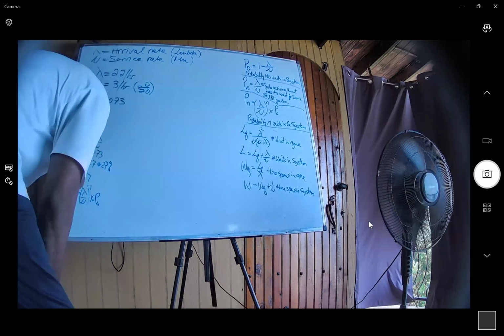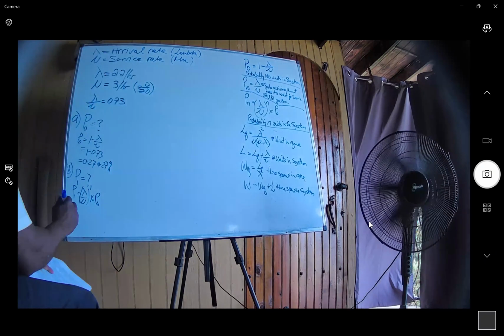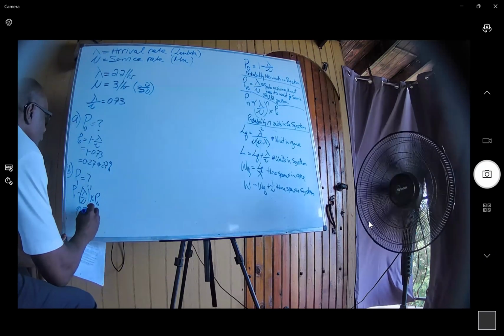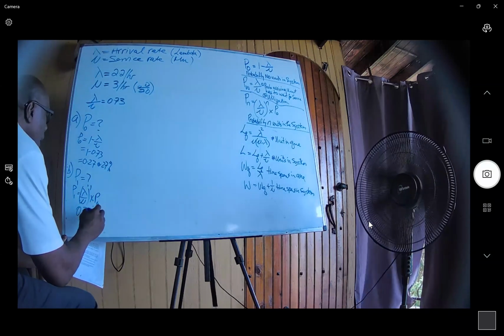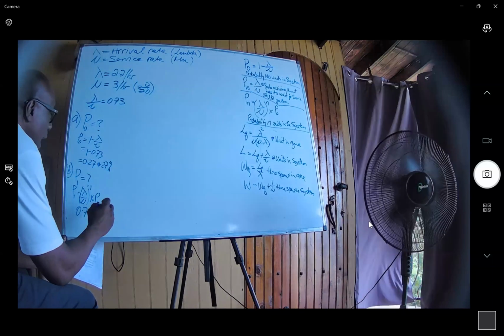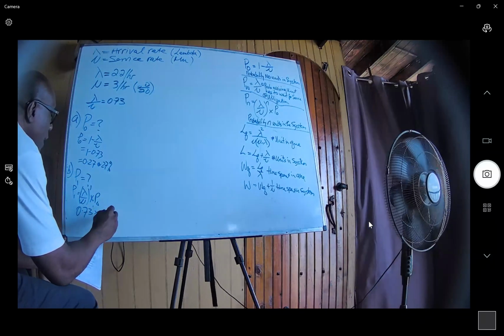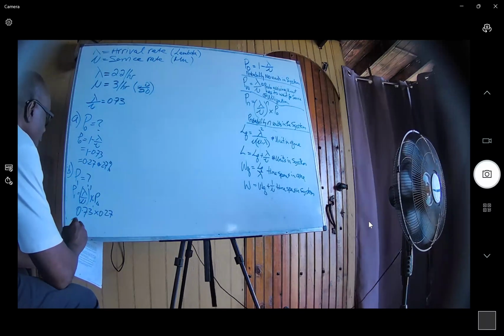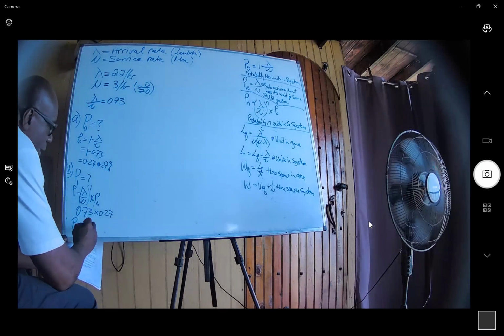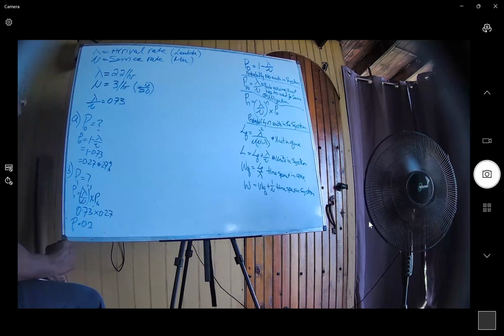So that's 0.73 to the power 1 times P naught, which we got, which was 0.27. So what's that answer? I got 0.2.